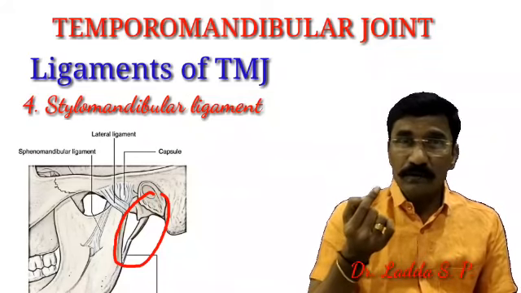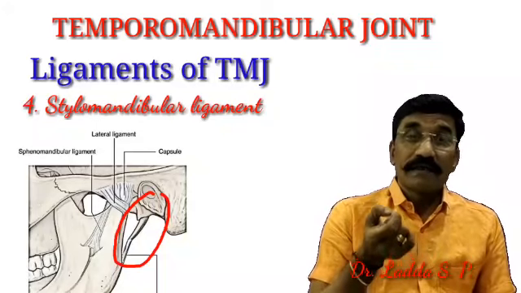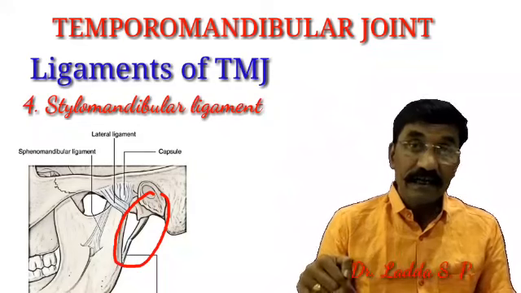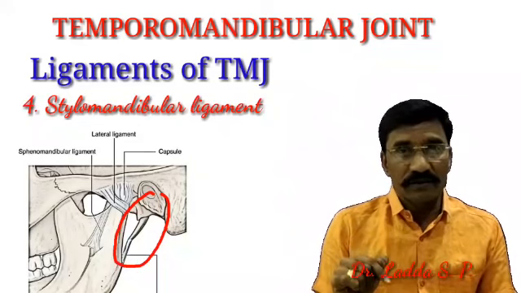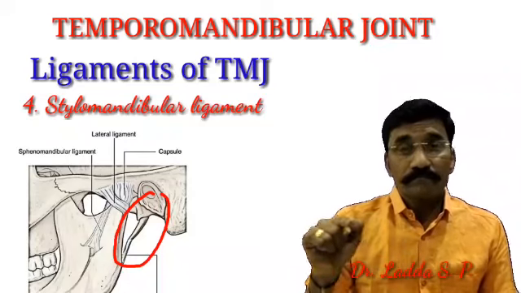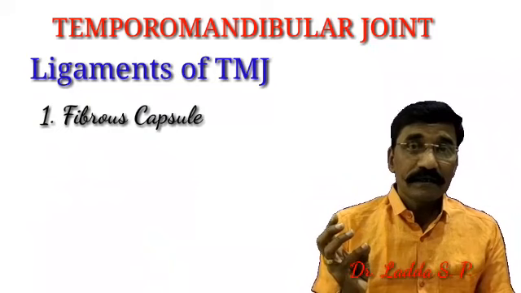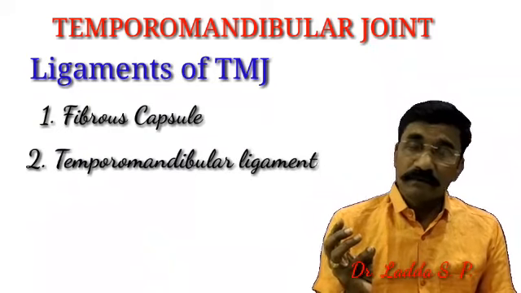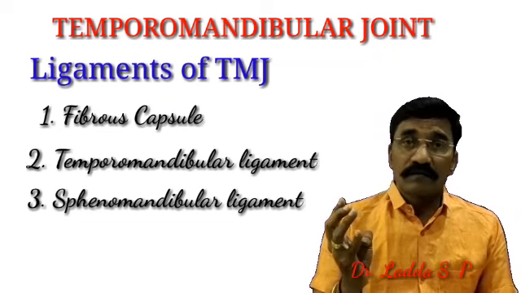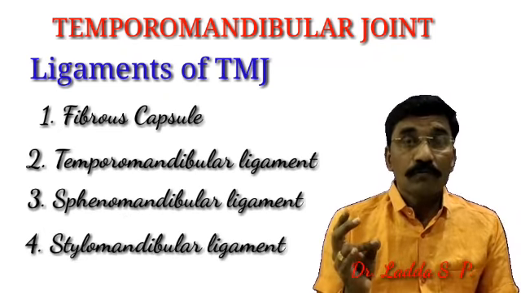The stylomandibular ligament is attached at the styloid process and its other end is attached to the mandible. So these are the four ligaments: first the fibrous capsule, second the temporomandibular ligament, third the sphenomandibular ligament, and fourth the stylomandibular ligament.